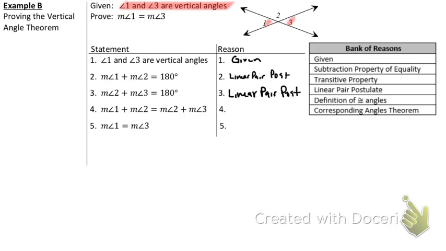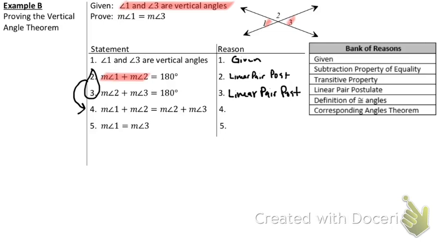Okay, so now let's go ahead and look at step 4. And in step 4, what you should notice is we're actually taking these two and using them to get step 4. So we have angle 1 plus angle 2 is equal to 180.